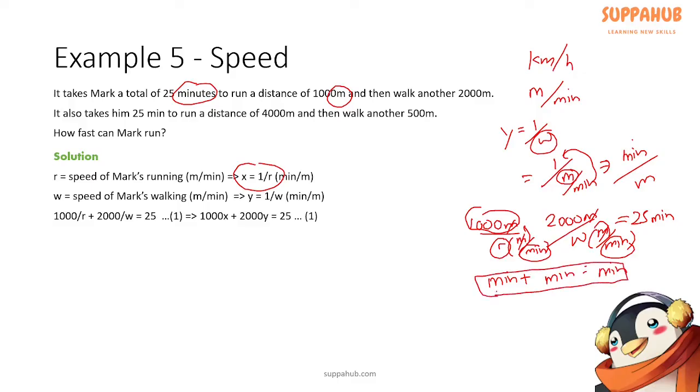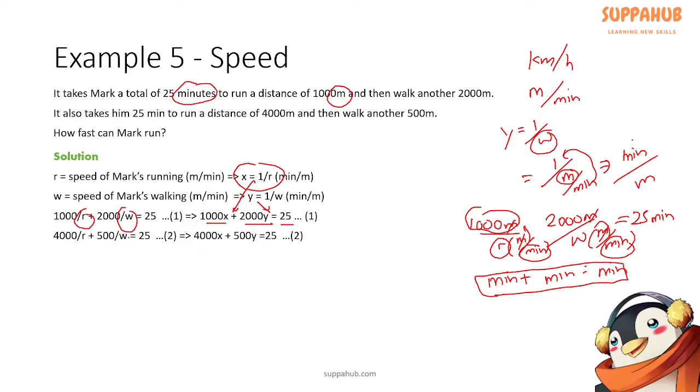But we let x and y denote 1 over r and 1 over w respectively, because it's very difficult to look at equations that involve division. So it's easier if you just substitute 1 over r with x, and 1 over w with y. So it's visually simple for you.